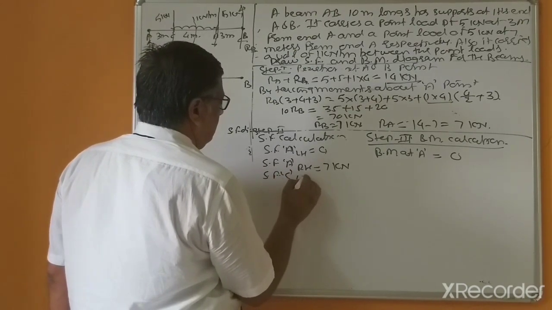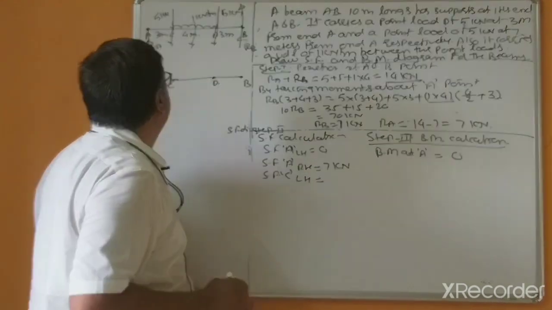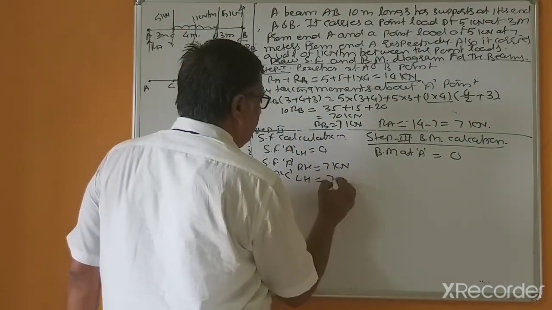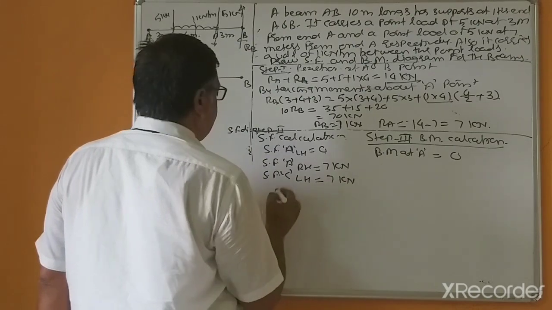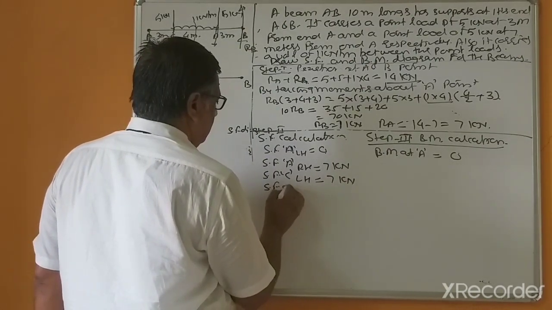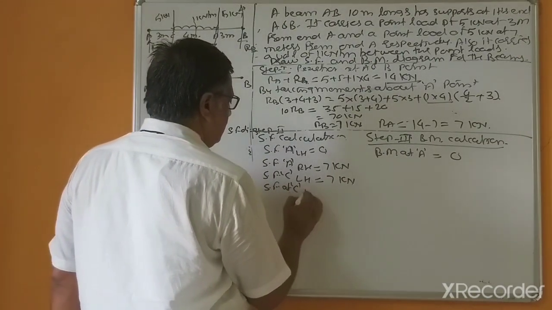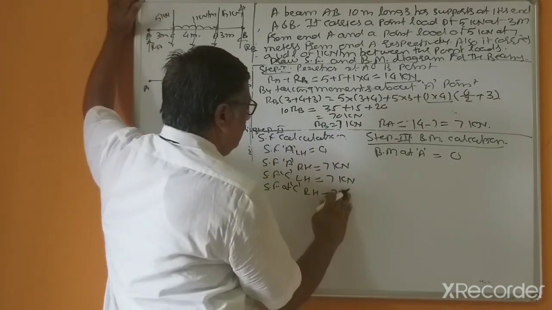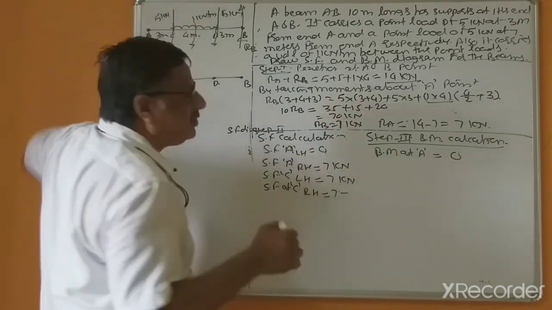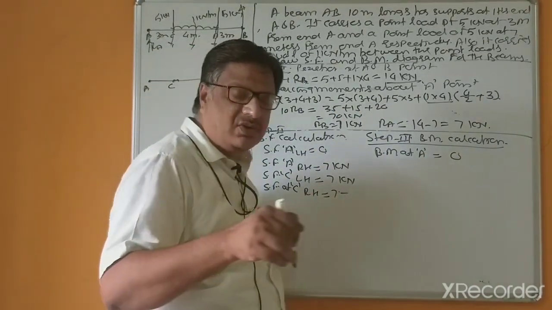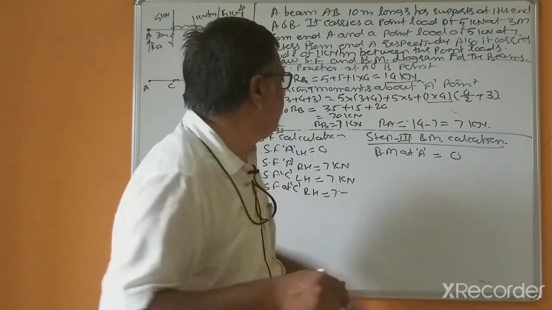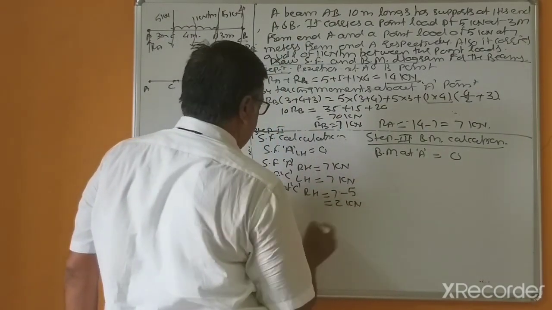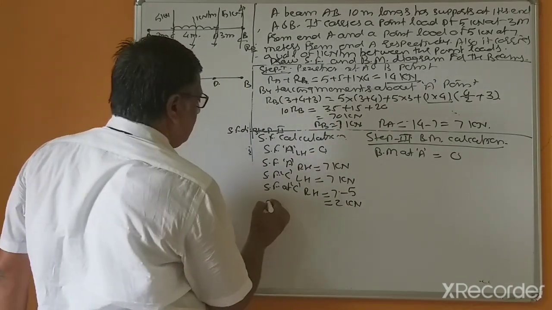Just left of point C, between A and C there is no force, so it remains the same. Shear force at C right hand side is 7 minus downward force 5 kilonewton. As per our assumption, downward force is negative, so this is 2 kilonewton.